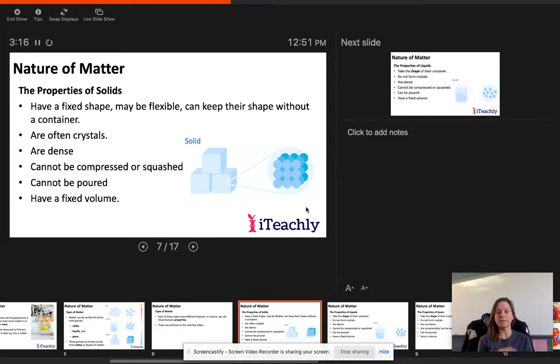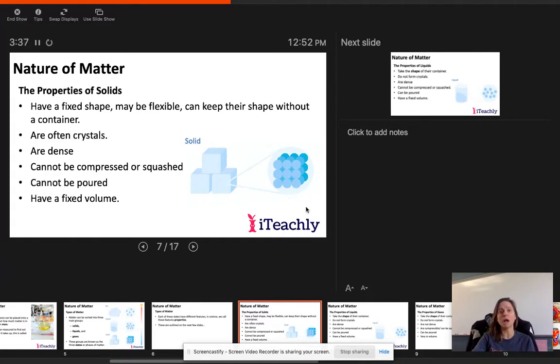So an example of this, I could have gold or I could have a pillow. They're both solid objects. They both have a definite shape, but clearly one is more dense because it has more stuff in that space.